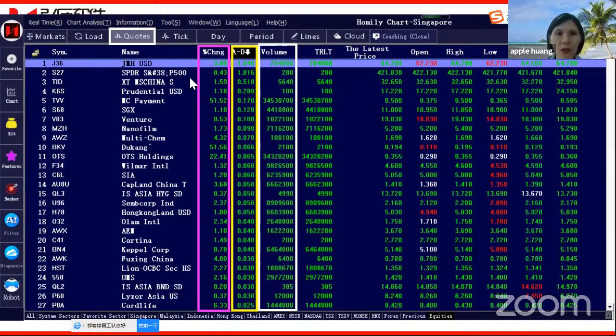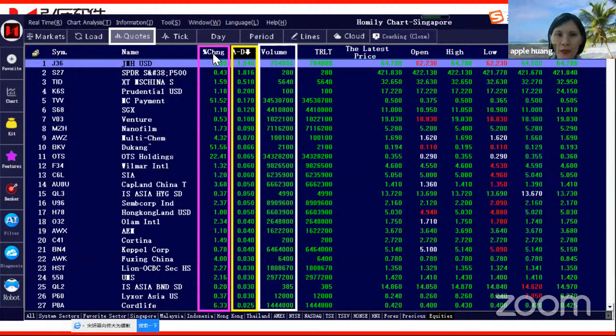I will show you how to operate. You use your mouse, move to this item, for example, percentage of change, and click on it with the left button.